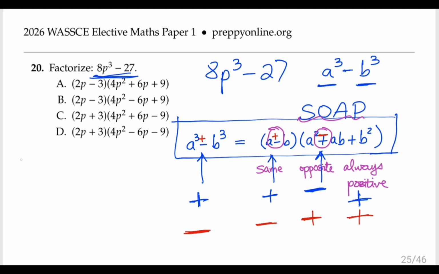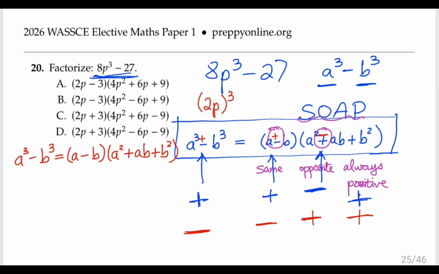So from this formula, let me just write it again because I've written so many other things on the side. So this is going to give us this. Then we have a squared plus ab plus b squared. So here, what we are cubing is 2p.